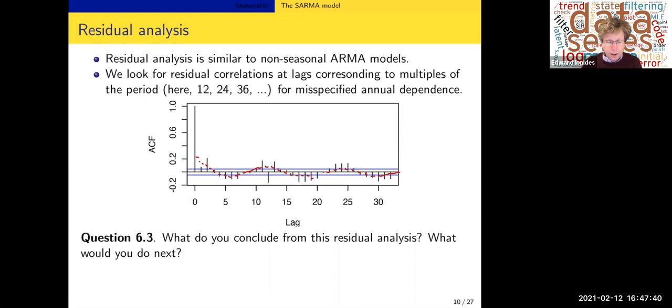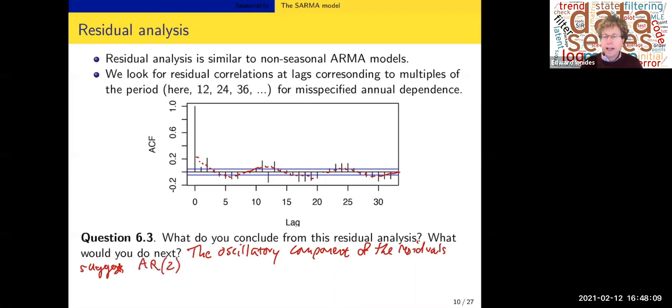And let's say the oscillatory component of the residuals suggests an AR2 specification for the residuals.